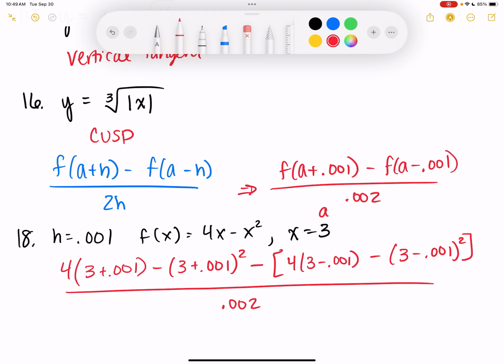At this point, I would grab my calculator and type this in, because it's going to get a little bit crazy with all the stuff.